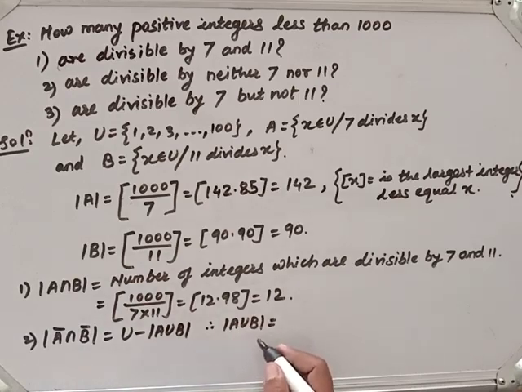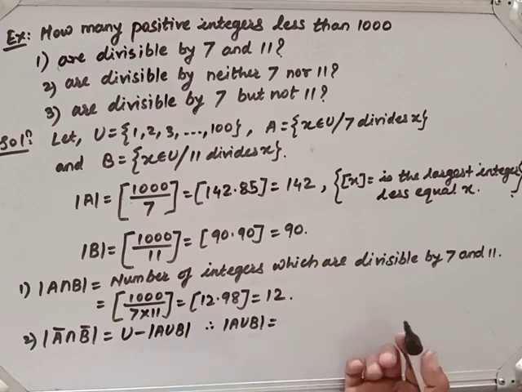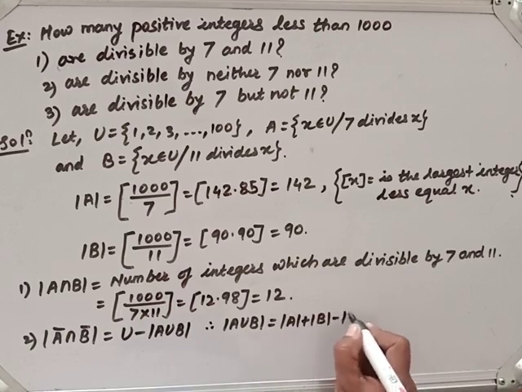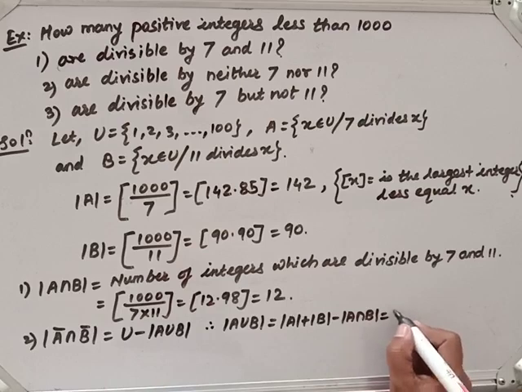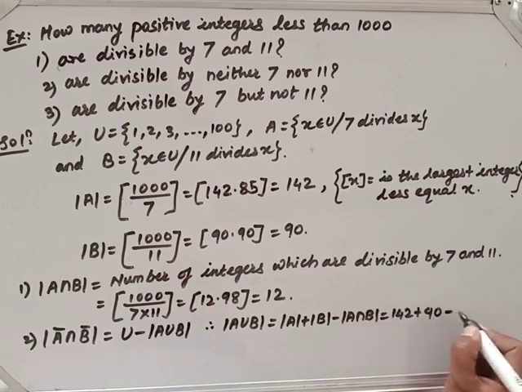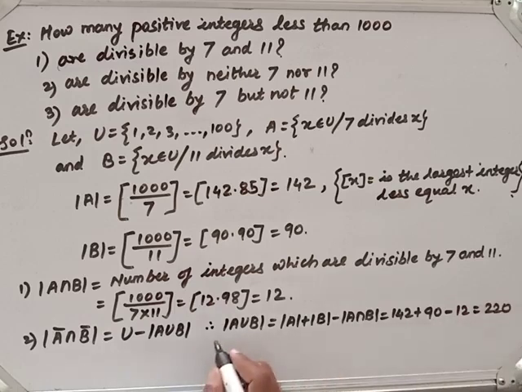It means the number of integers which are divisible by 7 or 11. That is obtained using the inclusion-exclusion principle: A plus B minus A intersection B. So this is 142 plus 90 minus 12. So that is how much? That is 220. This one will be 220.